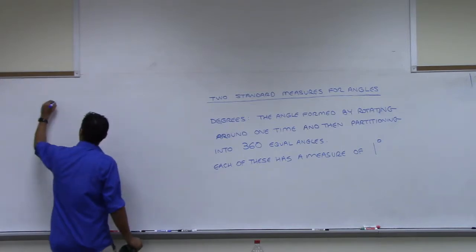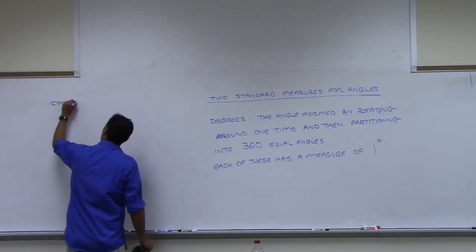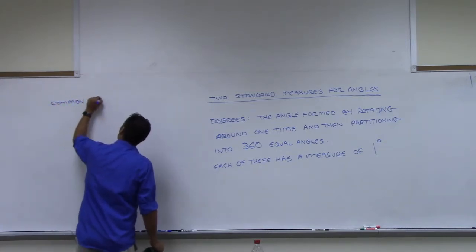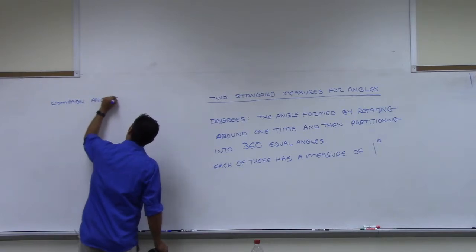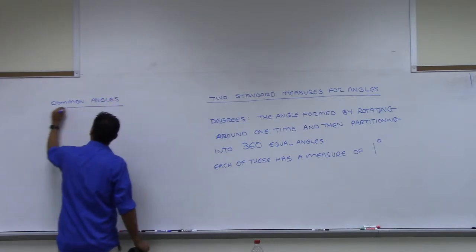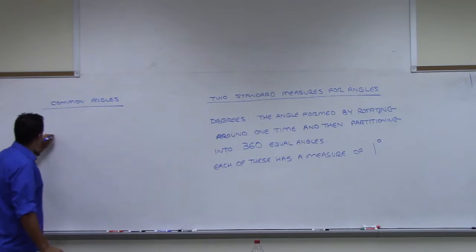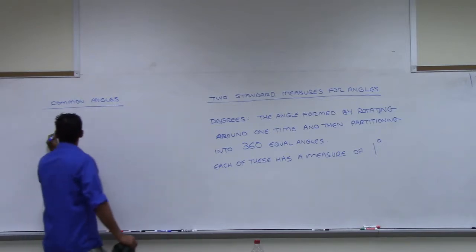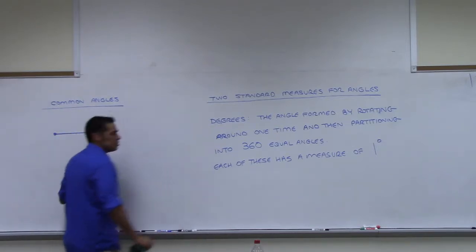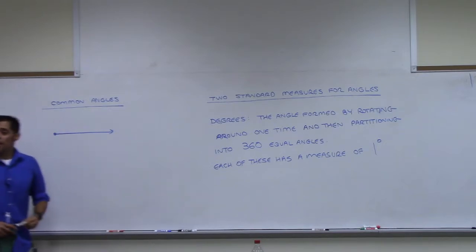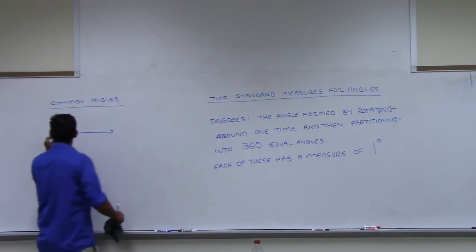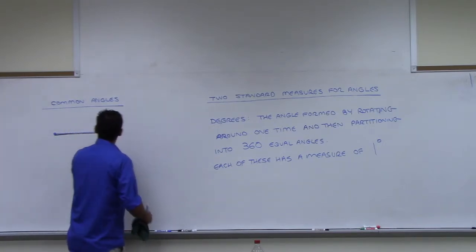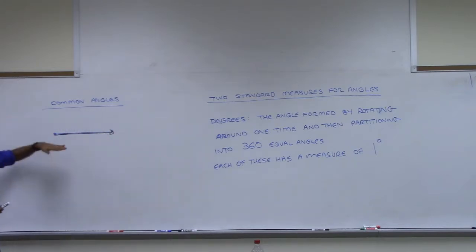What are the common angles? 90, 180, 360, 270. Okay, so let's write them down here. We have the angle, of course, where your terminal side and your initial side are right on top of each other, like this, where there's no rotation at all, right? No rotation.